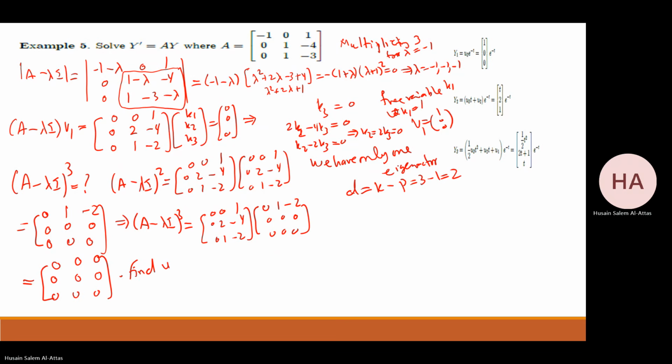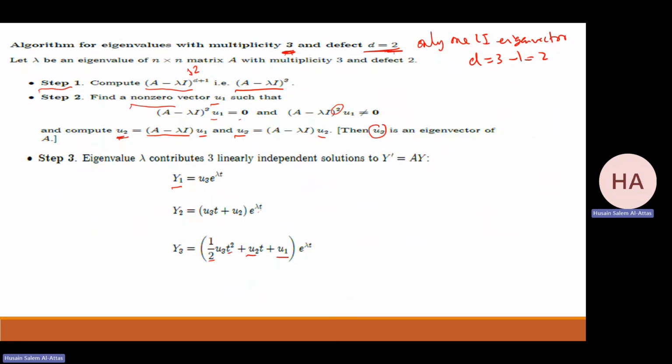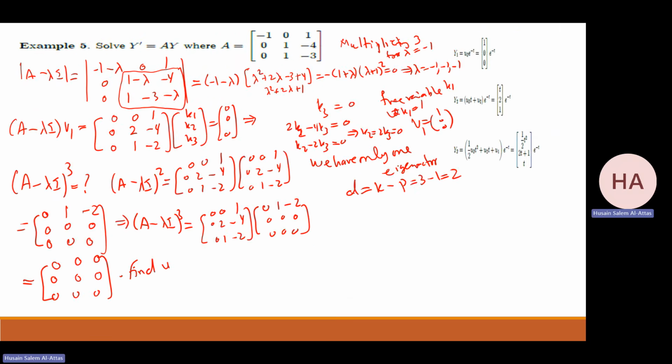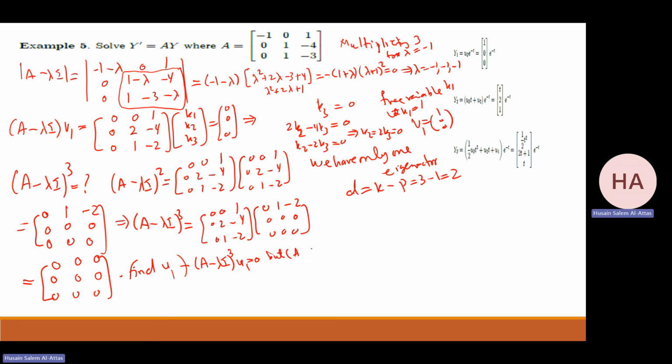What do you call it? We call it U1. You call it U1, U3, it's up to you. Find U1 such that A minus lambda I cubed times U1 is equal to 0, but A minus lambda I squared times U1 is not equal to 0.